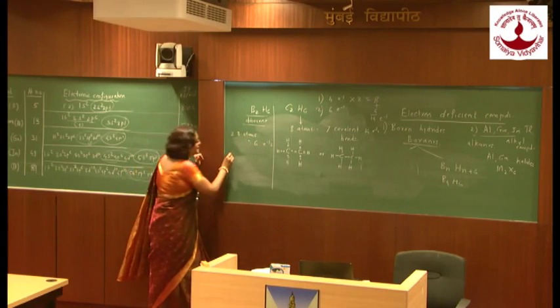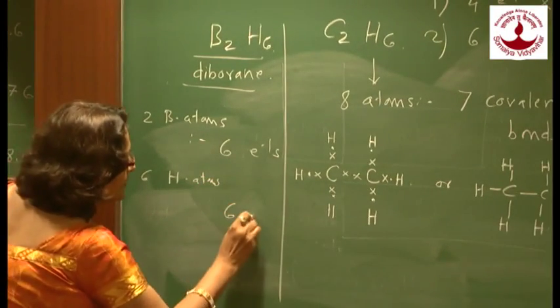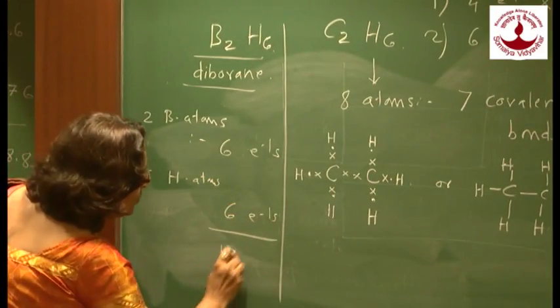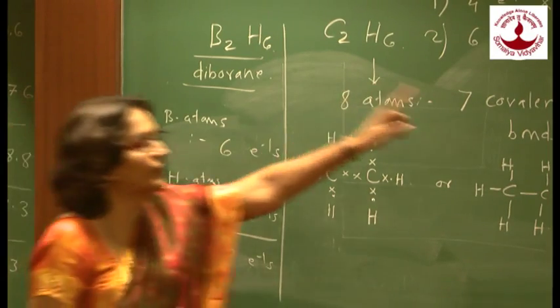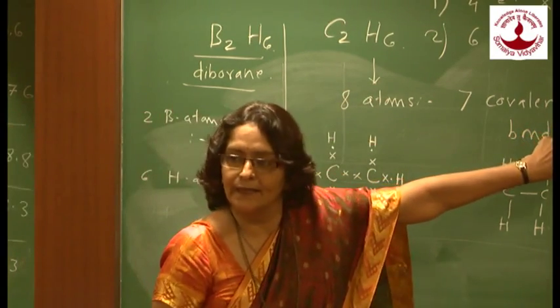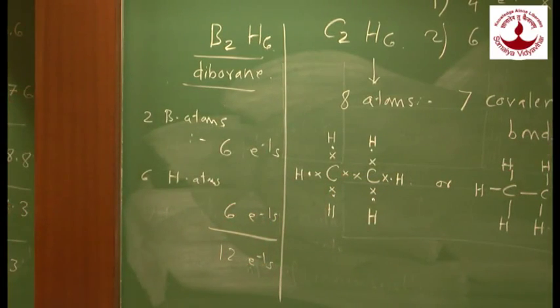Then there are 6 hydrogen atoms which contribute 6 electrons. So how many total electrons are there? There are a total of 12 electrons. So that means you actually require 14 electrons, but there are only 12 electrons available for bonding, and hence diborane is an electron deficient molecule.